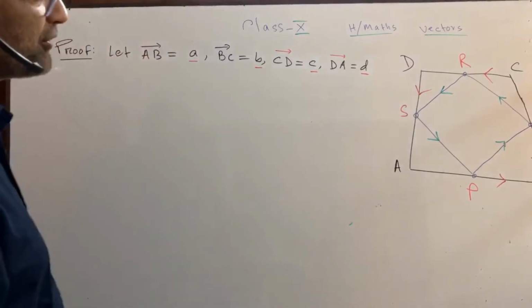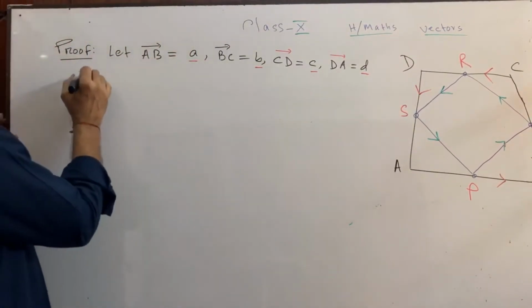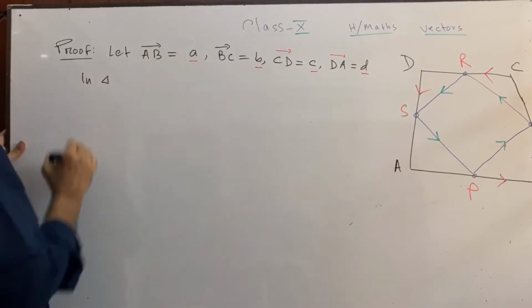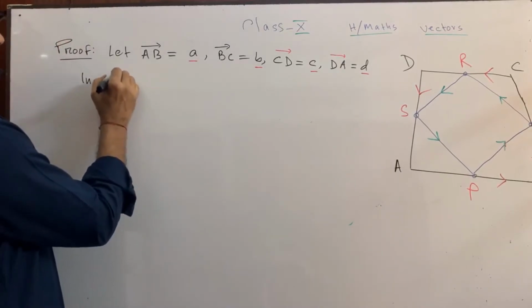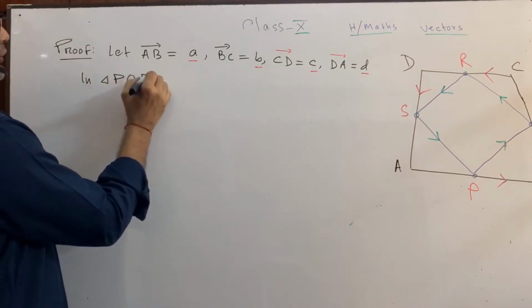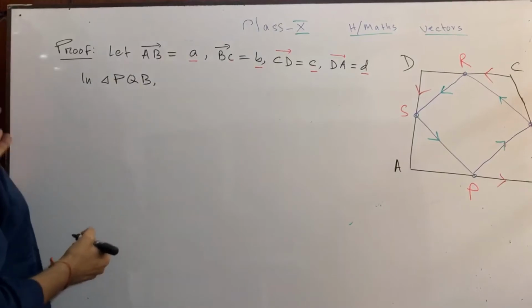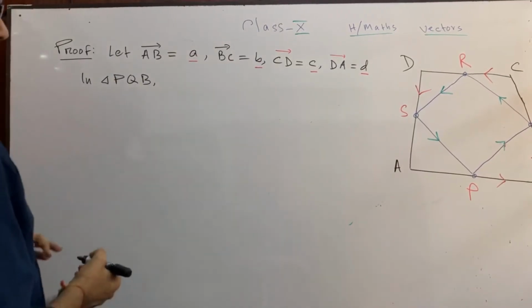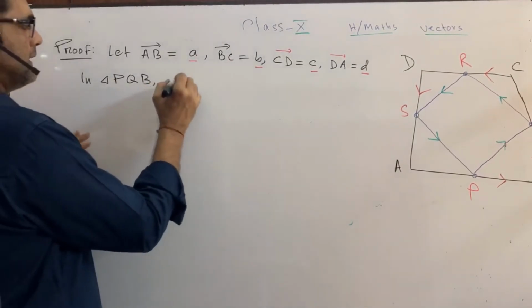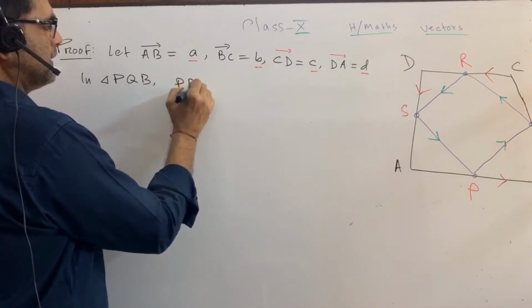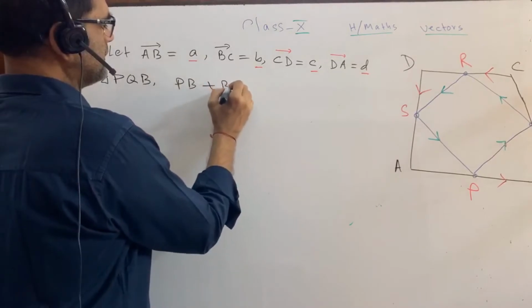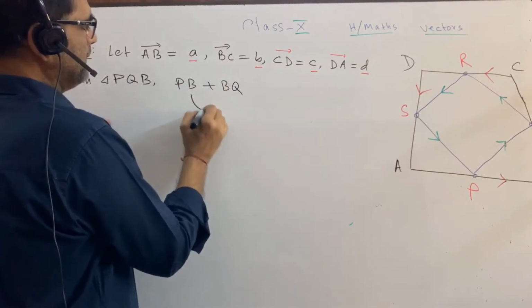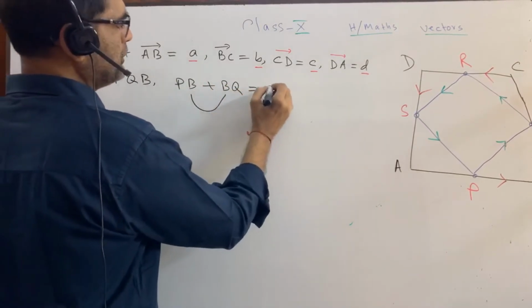Now you see, in triangle PQB, what are we getting? We can write PB plus BQ, B will be omitted, we will be left with PQ.